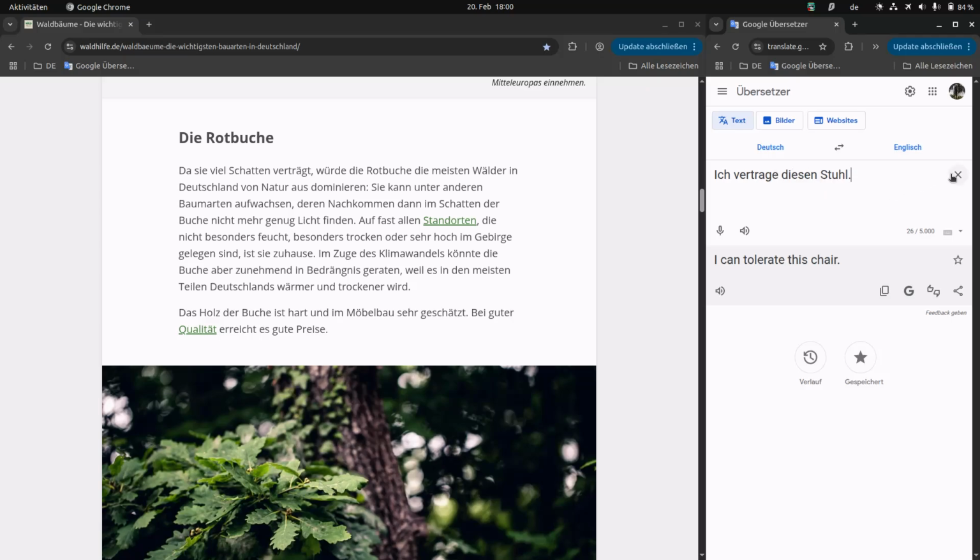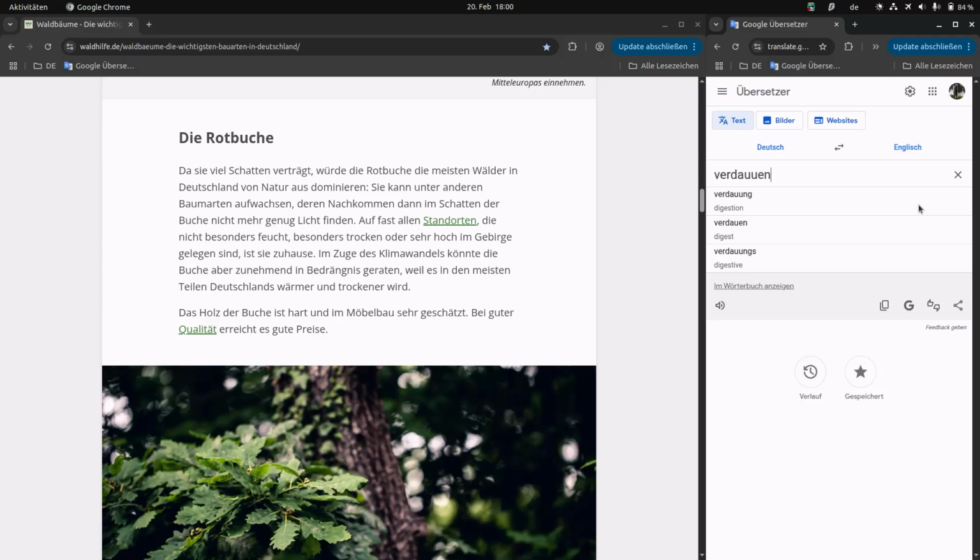But as this is not the case, it is to be taken as tolerate, as bear, as be able to, to verdauen, digest, to be able to digest, or yeah, to eat maybe also something, like in terms of allergies.